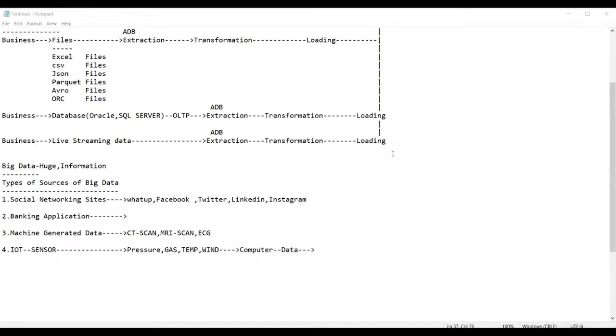What do they do exactly? They measure the wind. Those fans are nothing but machines, sensors only, and they are connected to computers. Whatever is recorded is transferred to the computer, and from the computer the data is kept into files, and again transformed further for analysis. So basically this is how the process moves on.